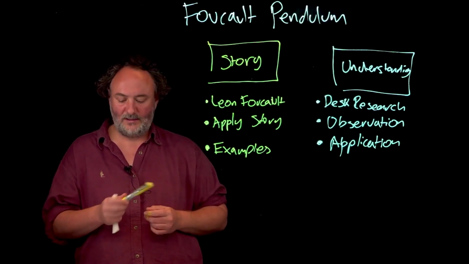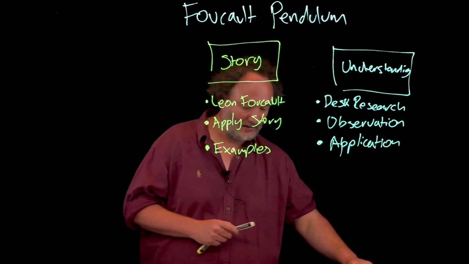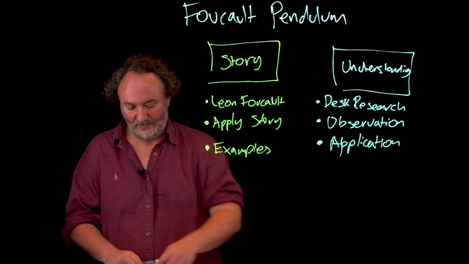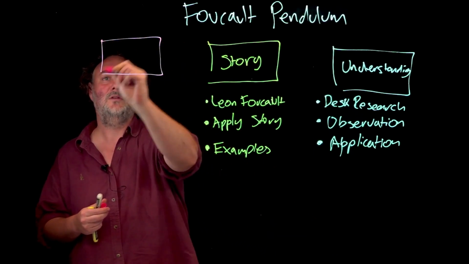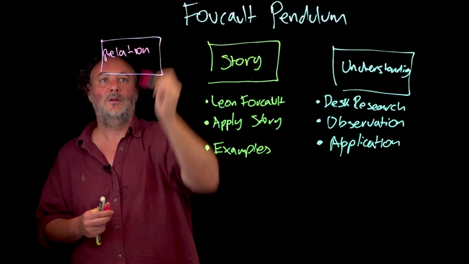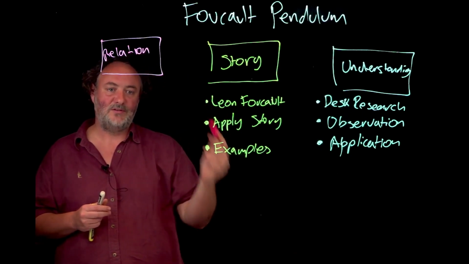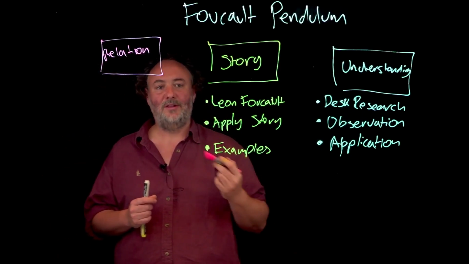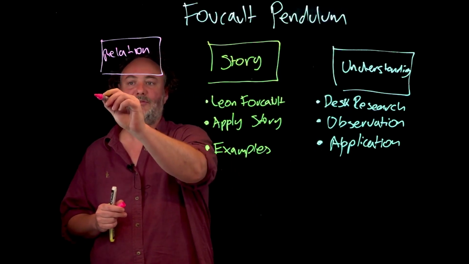And then one last thing that I want you to think about, sorry, let me just get another text here, is relation. So we've understood the science, we've engaged with the story, and now we're going to think about others engaging with Foucault and the pendulum.